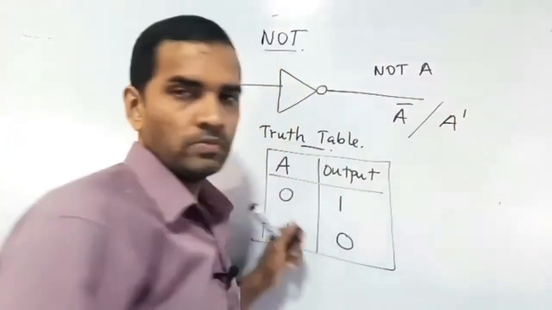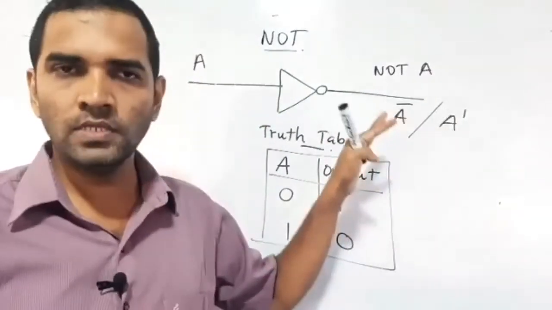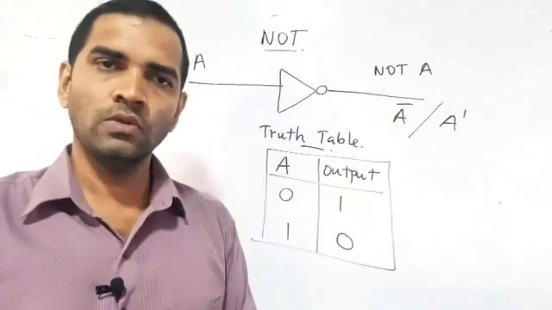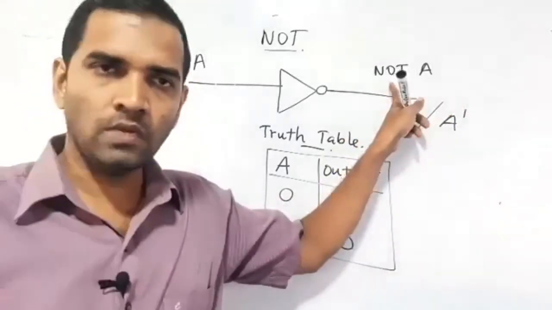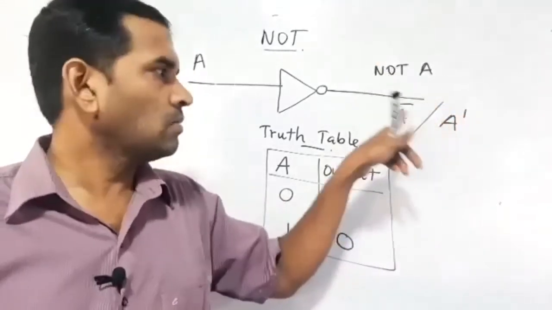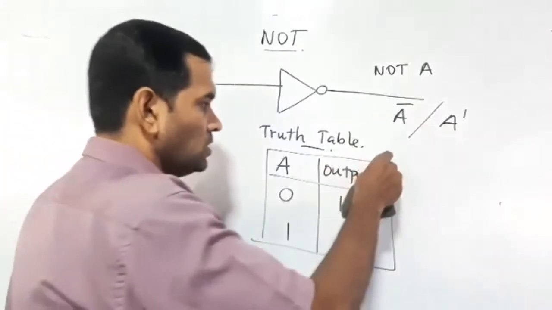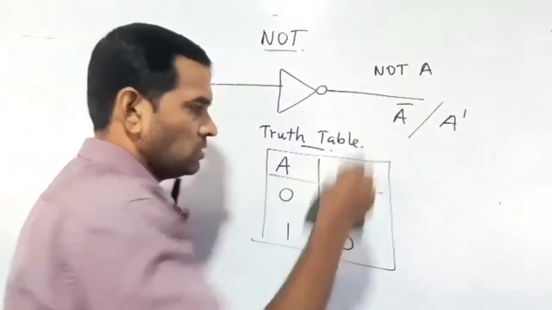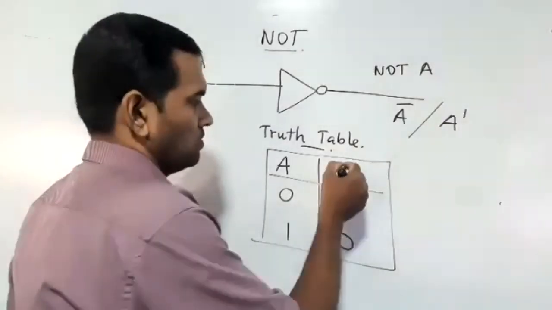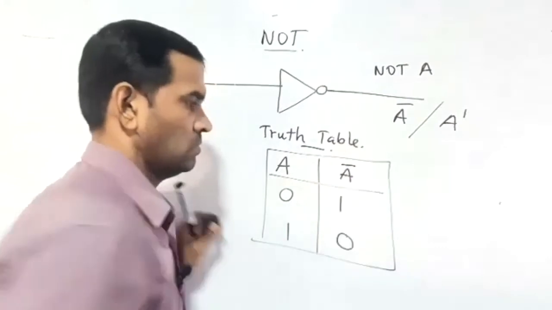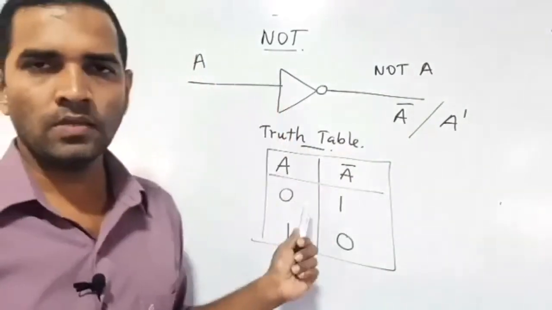A bar or A dash, these are the two common ways of showing the NOT gate. Of course, the standard format is NOT A, but A bar or A dash is also correct. Here also, don't use the word output, show the output. So this is A bar. So this is the NOT gate symbol and the truth table.